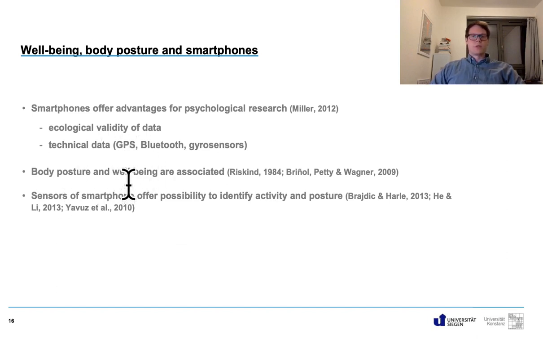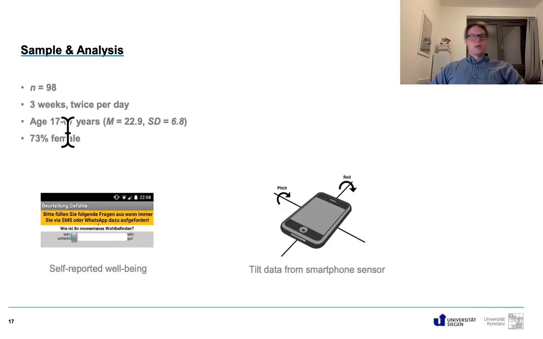So we tried to investigate whether we can actually use the sensors to get to the well-being or predict the well-being of the person. To investigate this, we had a diary study with about 100 participants who answered twice a day for 3 weeks a couple of questions. The one that we were interested in here in the study is the self-reported well-being.